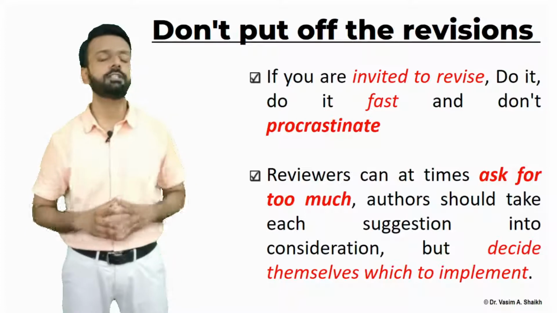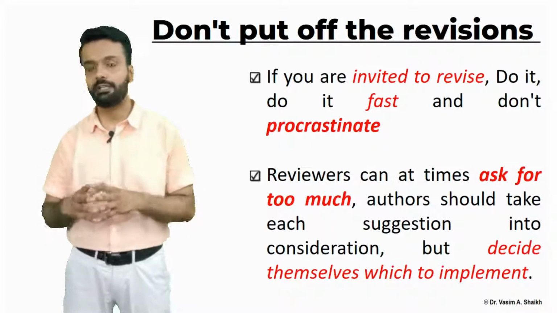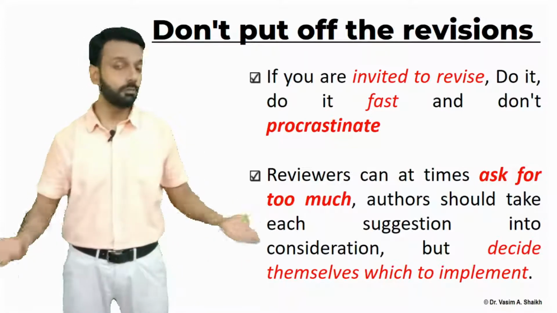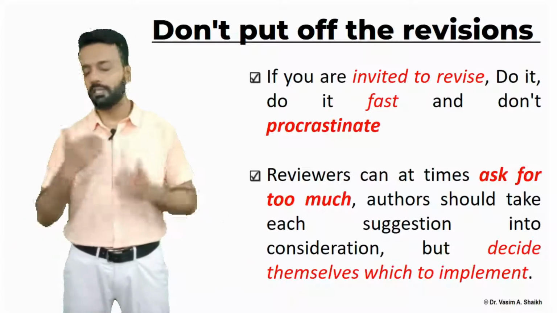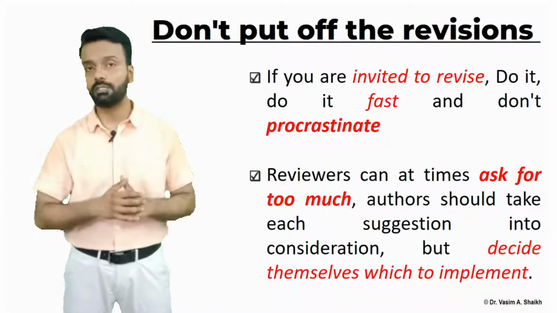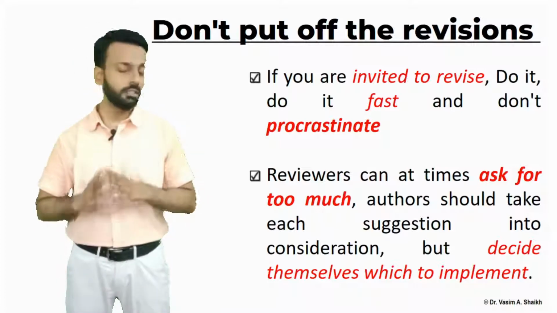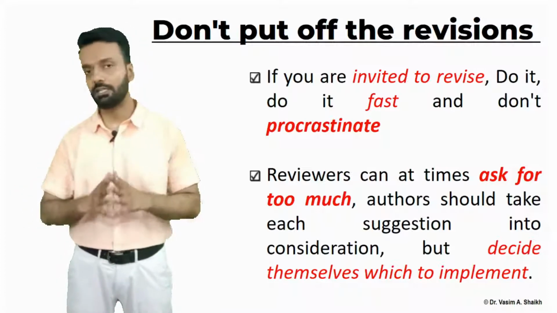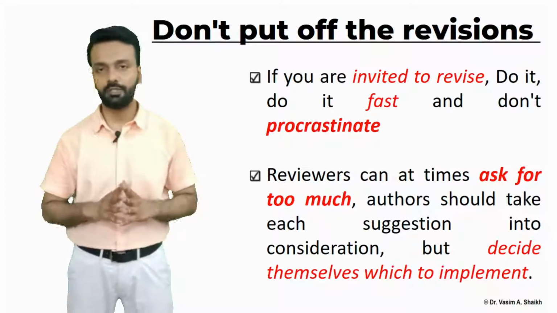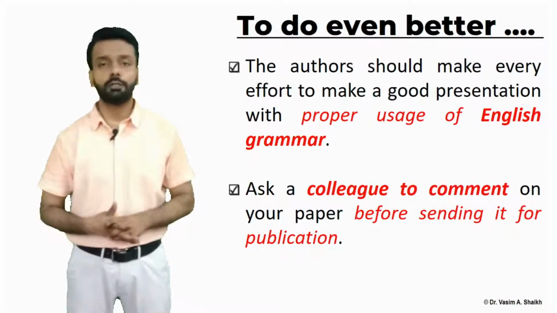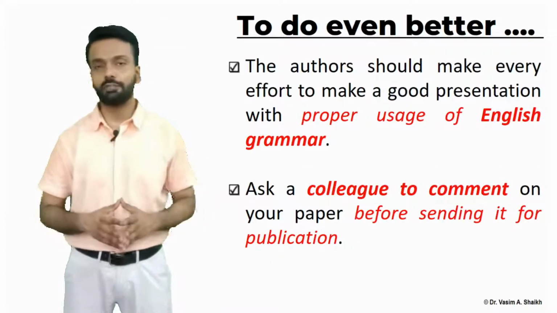You can only decide what amount of revision can be done and what amount of revision is not possible for you to do. Based on that, you can reply to the reviewer's comment that these revisions are not possible. Whatever was under my control, I did that and I've revised the manuscript based on all your comments. To do even better, you can improve the language of your manuscript.